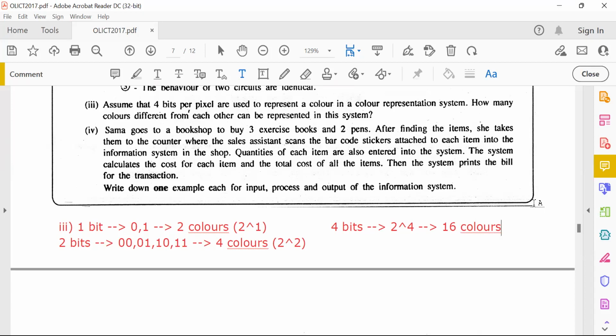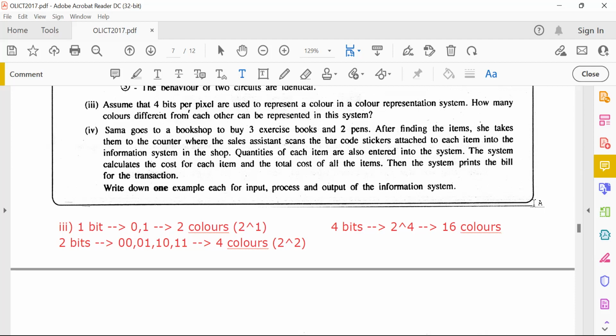Okay, we'll move to the fourth one. Sama goes to bookshop to buy 3 exercise books and 2 pens. After finding the items, she takes them to the counter where the sales assistant scans the barcode stickers attached to each item into the information system in the shop.